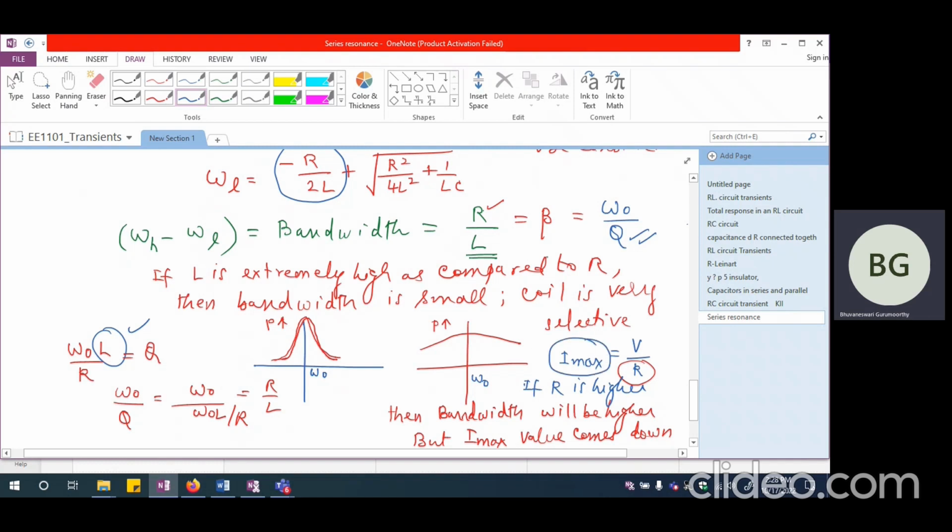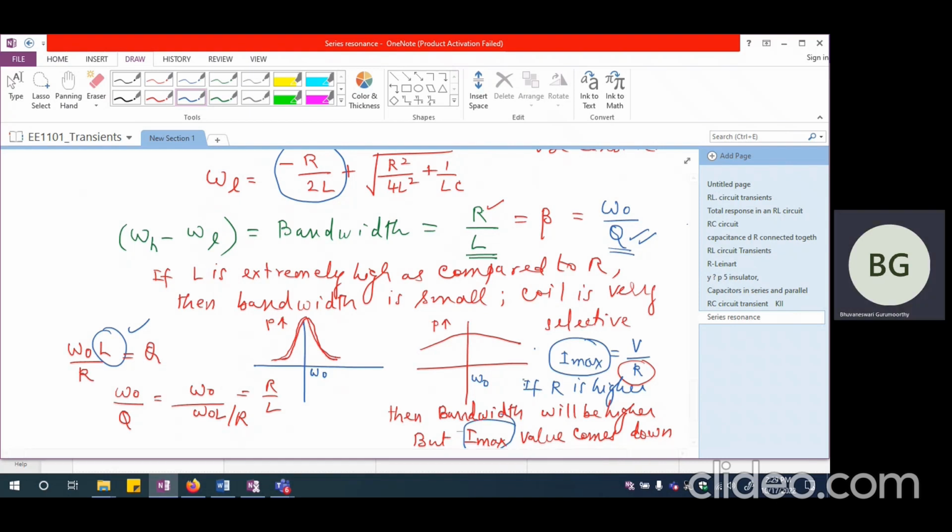Whereas if the bandwidth is larger, that means the quality factor of the coil will not be good, which means you are not going to see a good amount of Imax value, but the Imax value would have come down. So in that sense, bandwidth and the quality factor of the coil are inversely related to each other.